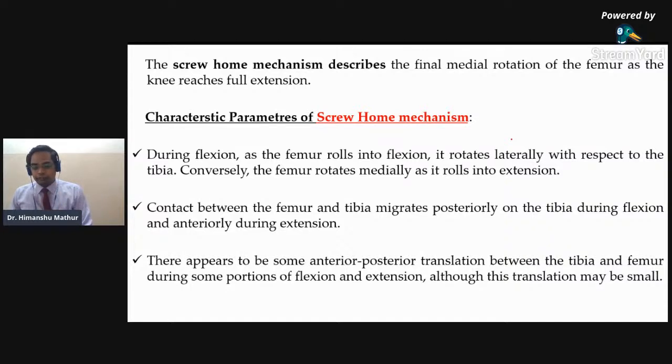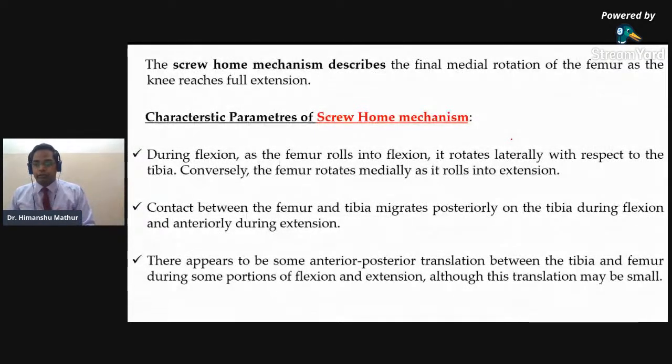Very good. So whenever we are coming from flexion to extension, the rolling and sliding of the tibial articulating surface will be anteriorly, coming forward. And whenever we are going into flexion, the rolling and sliding will occur posteriorly.